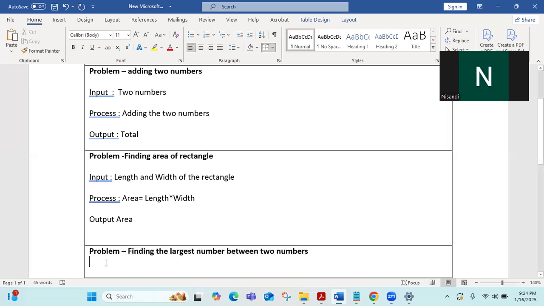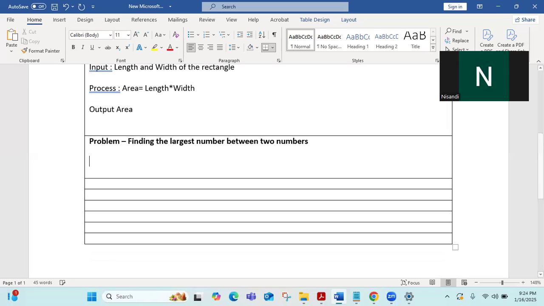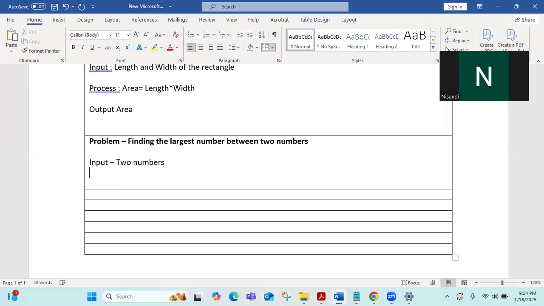If you have a problem like this, input is two numbers.